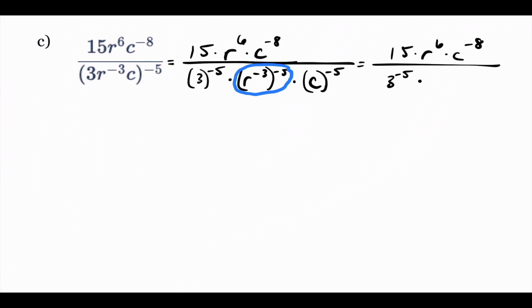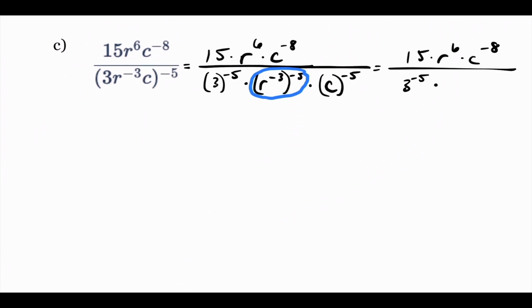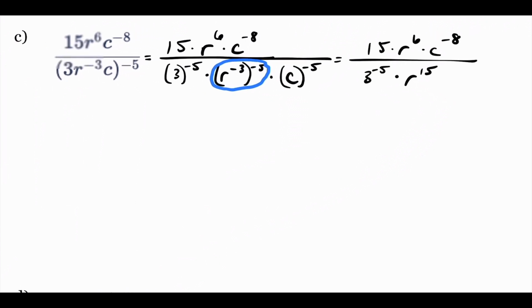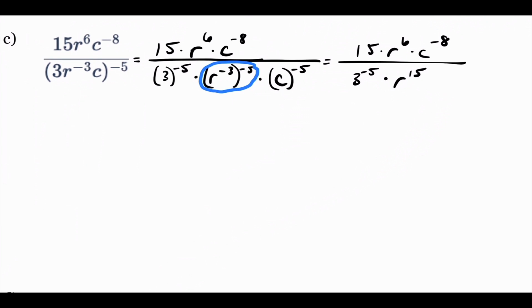What do I do with those powers? Multiply them. So if I multiply them, I get r to the 15th power. Positive 15, because negative times negative makes positive 15. And then c is just going to be c to the negative 5.